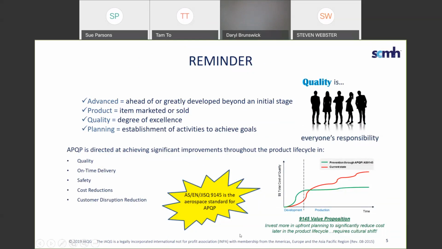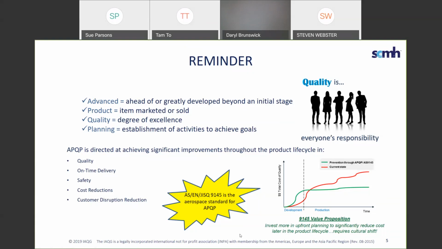This does not mean that it's cutting edge or new. These tools have been around for decades, and the when and how they link together is what makes APQP what it is. The product in APQP means the items that are being marketed or sold.